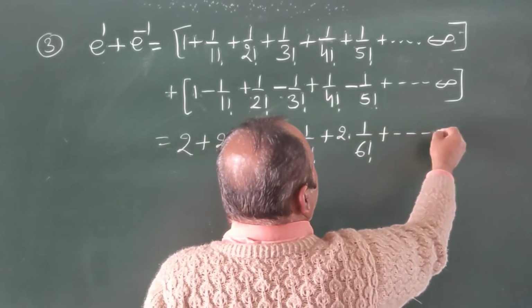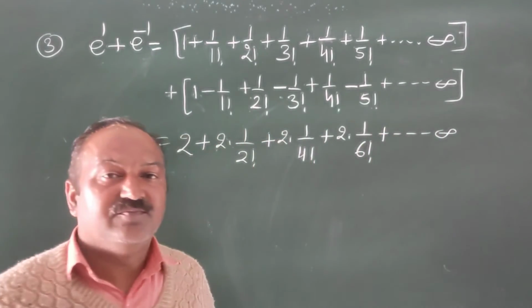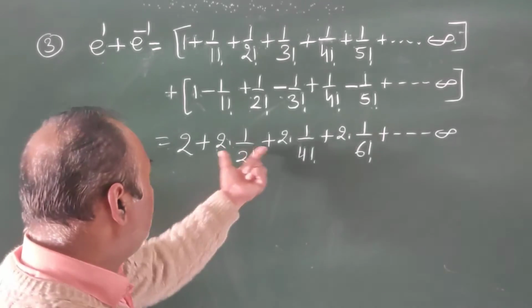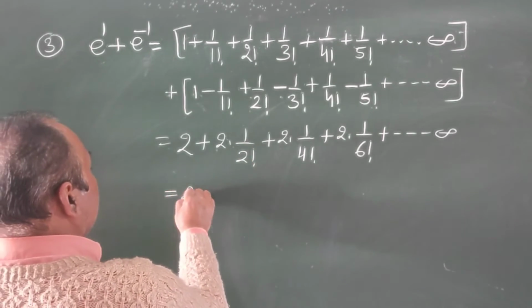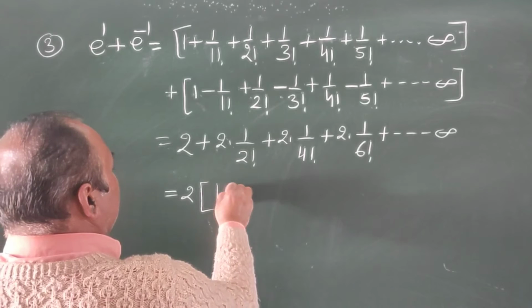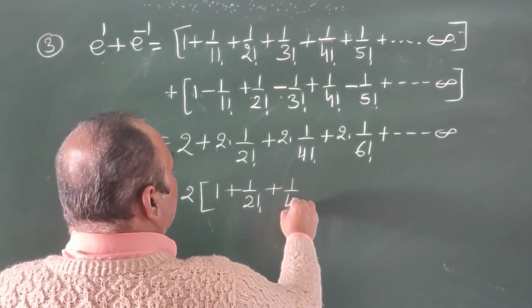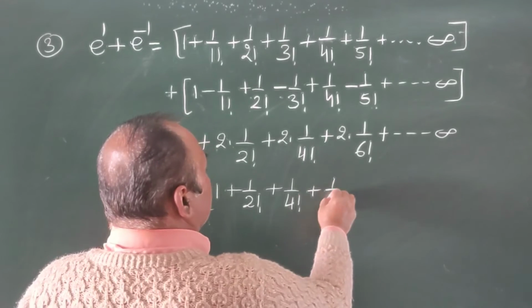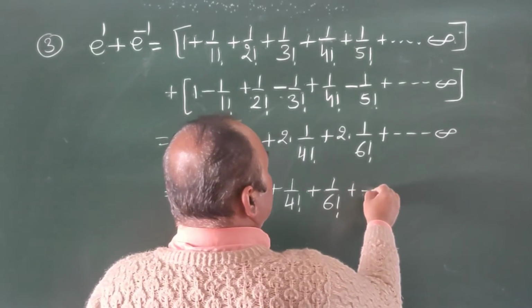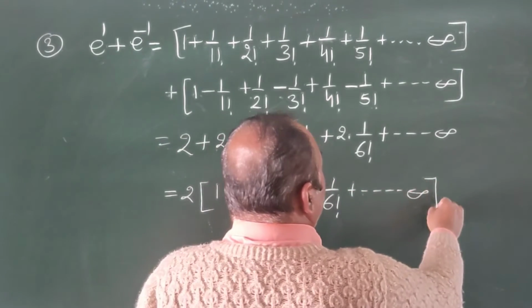If we write it, we get this. Now taking 2 common from each, we get 2 into 1 plus 1 upon 2 factorial plus 1 upon 4 factorial plus 1 upon 6 factorial plus and so on up to infinity.